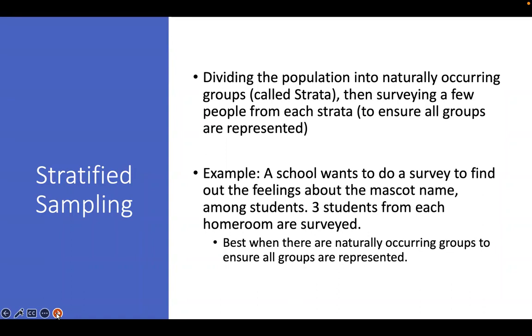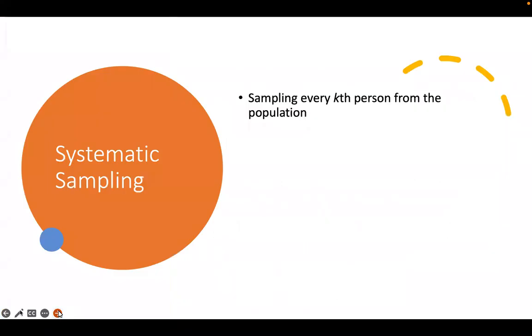More than likely, homerooms are by grade, so the same basic age of students, and hopefully we get a decent representation of students in that school by surveying 3 from each homeroom. This is a pretty good way. If you can do it, stratified sampling is a pretty good way.